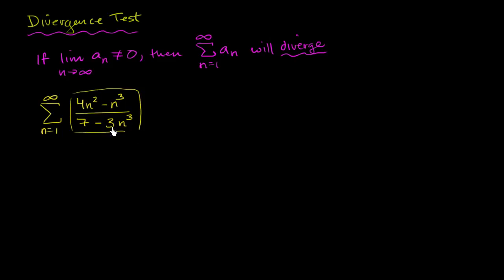This is our a sub n if we're trying to match to the definition, or the explanation of the divergence test. So let's think about what the limit as n approaches infinity of (4n squared minus n to the third) over (7 minus 3n to the third) is. And I encourage you to pause the video and think about that.